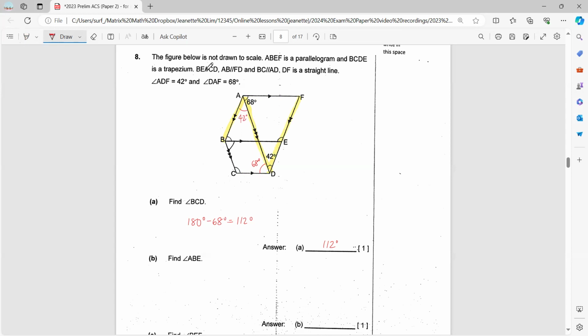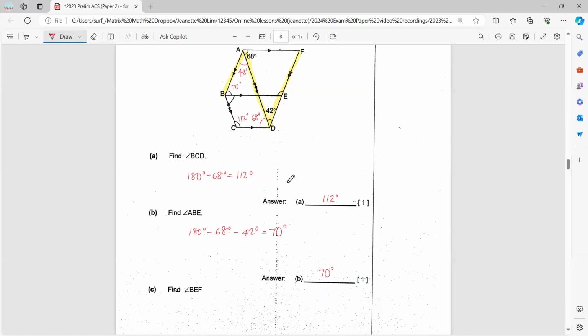In order to find ABE, you can use interior angles. These angles plus this one here add up to 180. So use 180 minus 68 and 42. So the answer is 70 for this. And this is 112.